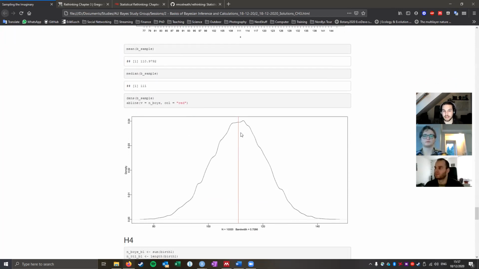And right here is where I've got my original number of boys, which is very much close to the peak of the density that I obtained. So this is doing fine, but not the best. I would definitely say this is adequate. Yes, there's that bump over here, but that might just be a sampling bias.